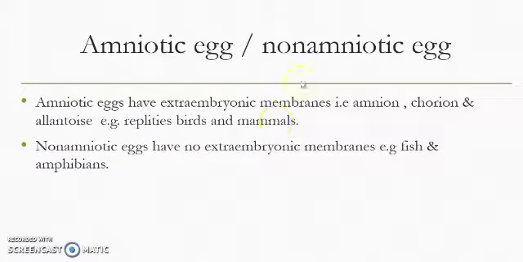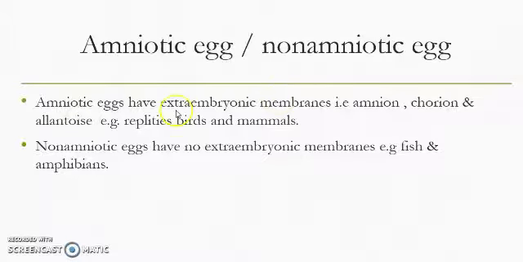This is the category of the egg according to the extraembryonic membranes. The extraembryonic membranes are the membranes present around the baby. These are the amnion, which is a water bag, the chorion, which is a protective layer, and the allantois, which is used for waste product storage.